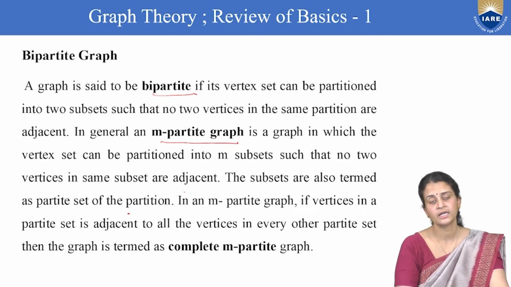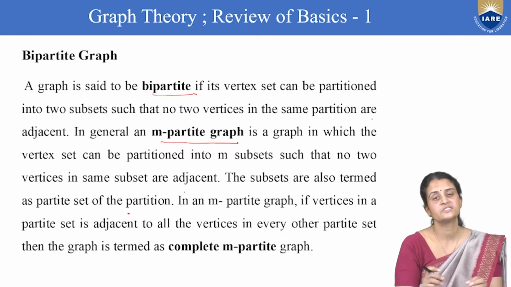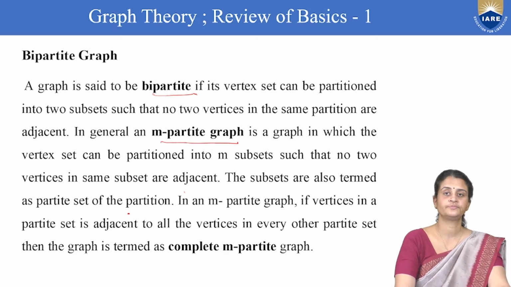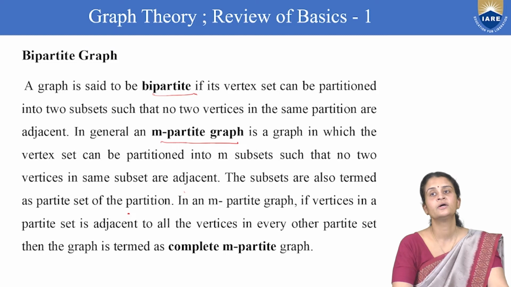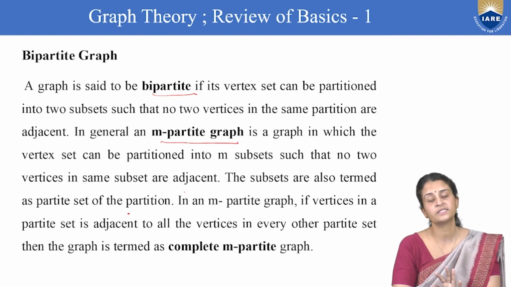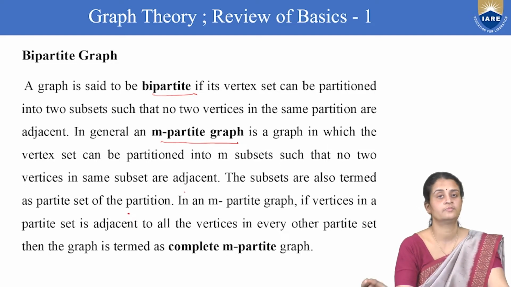If in an m-partite graph, the vertices in one partite set are adjacent to every vertex in each other partition, then it is said to be a complete m-partite graph.